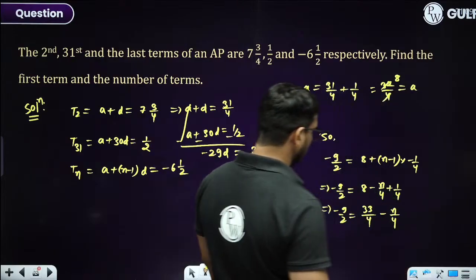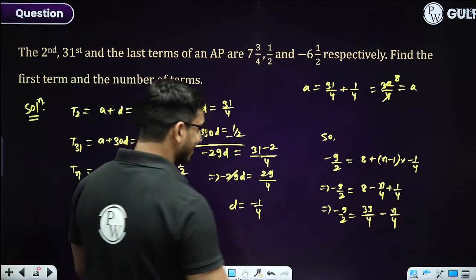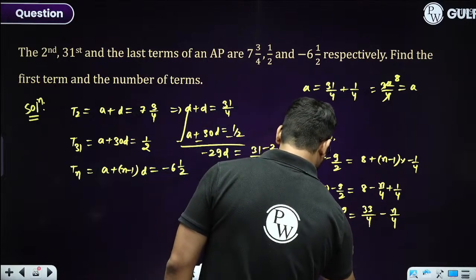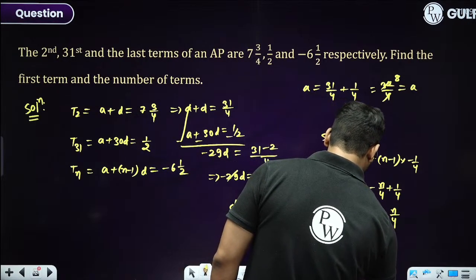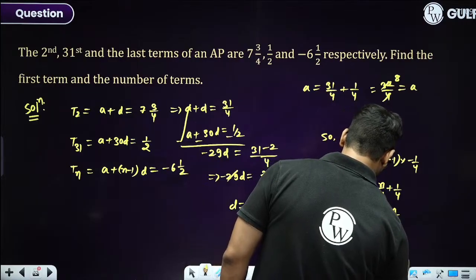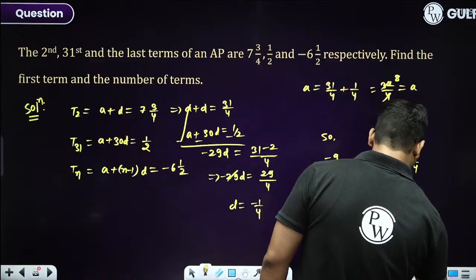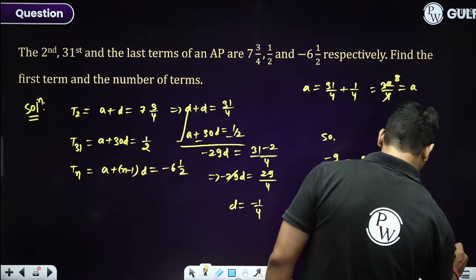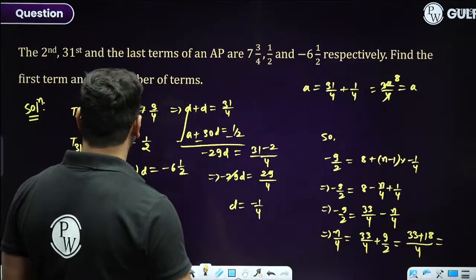You can just mute yourself, it would help. Take this n by 4 to this side. N by 4 equals 33 by 4 plus 9 by 2. 4 LCM, 33 plus 18. How much? 51.